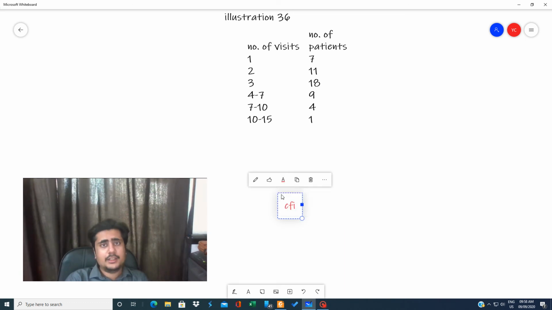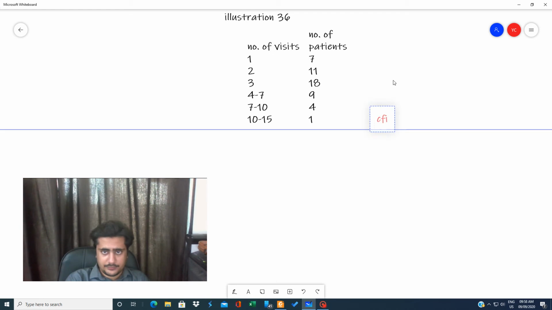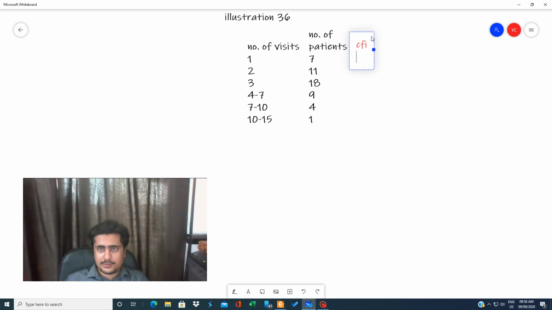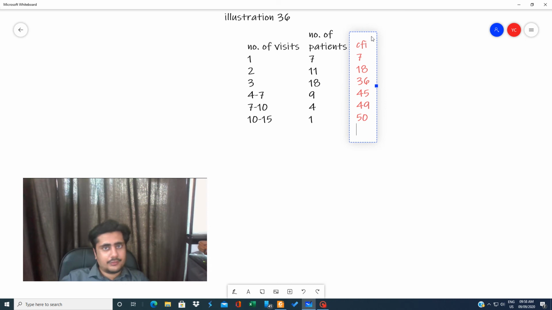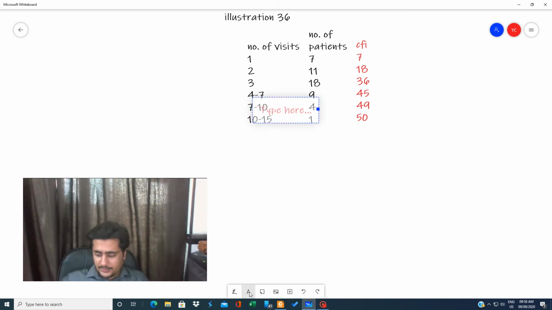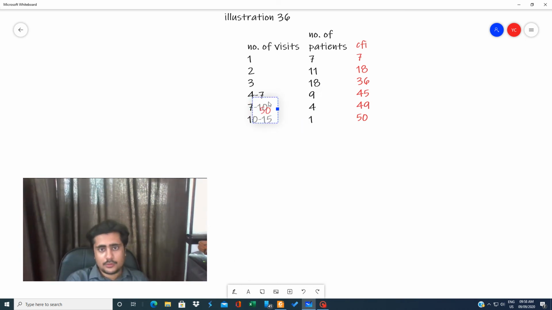For the median, I need to find the CF. Let us find it: 7, 18, 36, 45, 49, 50. So your total is 50.